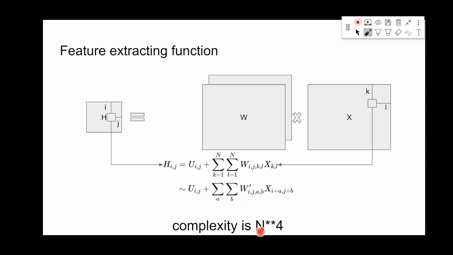The complexity is reduced from n to the power of 4 to n to the power of 2, since we have n squared pixels here.